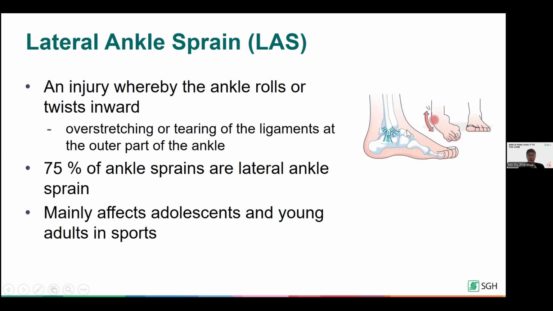There will be some sort of inversion, what we call the ankle pointing inwards, and then usually the affected area will be the ligament on the outer part of the ankle. So it is an overstretch and tear of the ligament at the outer part. About 75% of ankle sprains are lateral ankle sprains, mainly affecting adolescents and young adults in sports.